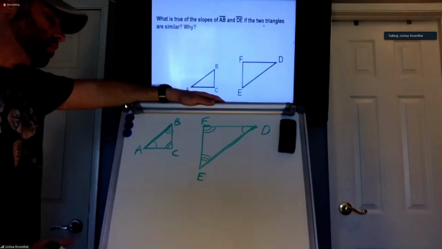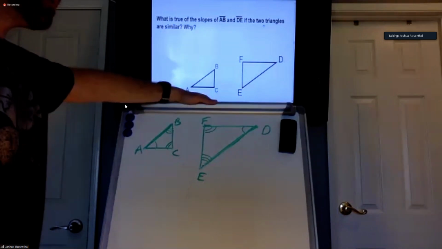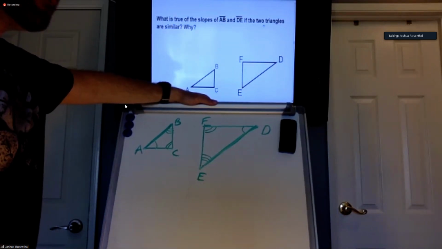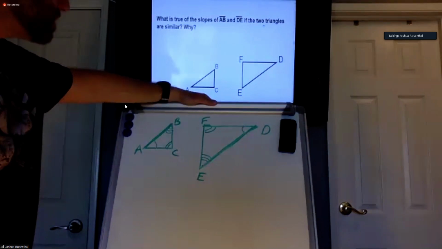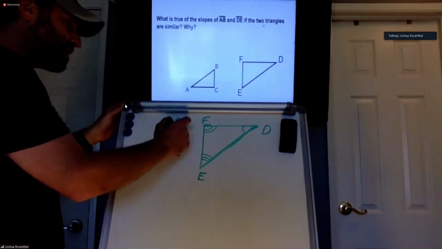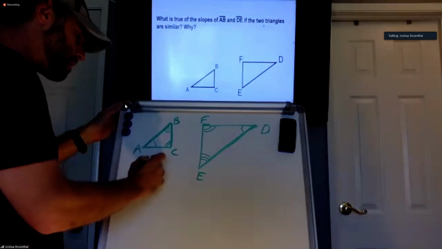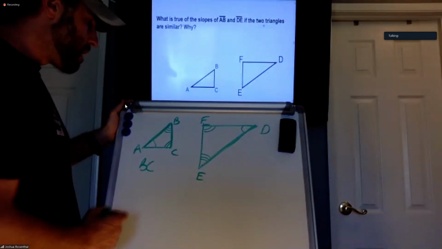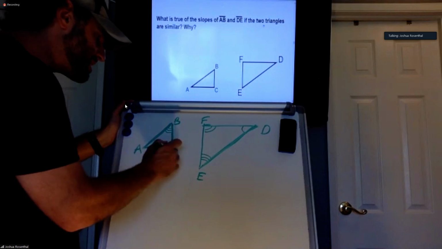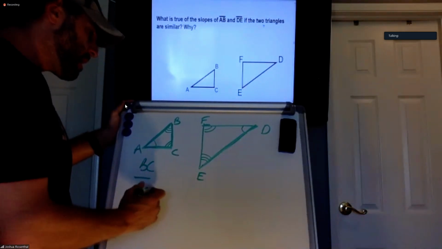What I want you to know is that the ratio of corresponding sides is equal in similar triangles, okay? So this BC right here over this AC is equal.